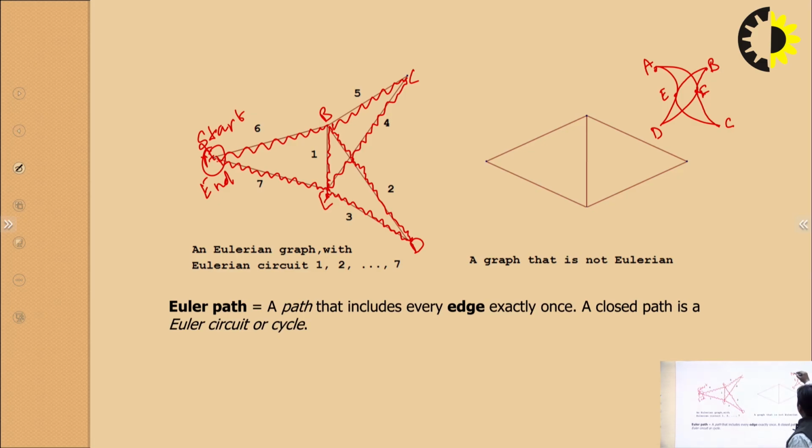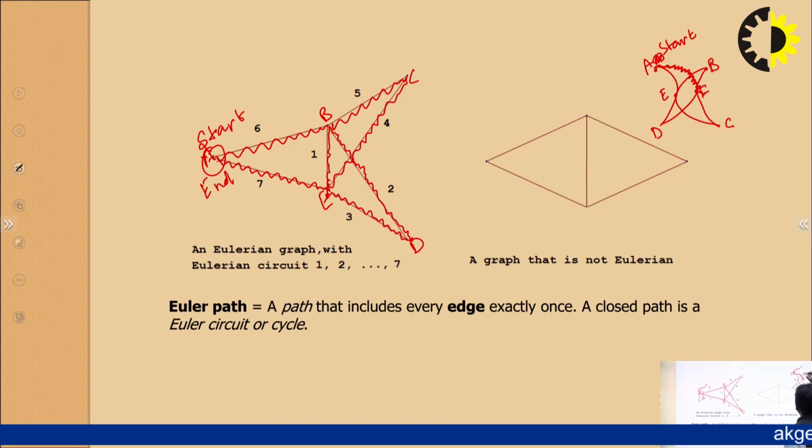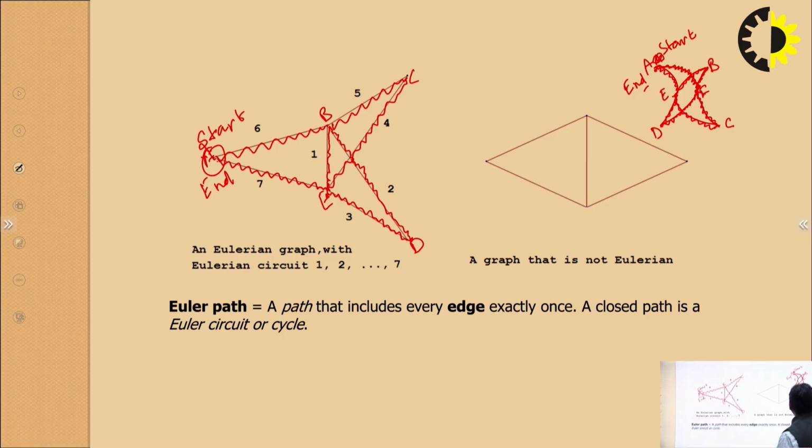If we start with A, the start point, then reach F, C, E, B, C, D, E, A. That is our endpoint.